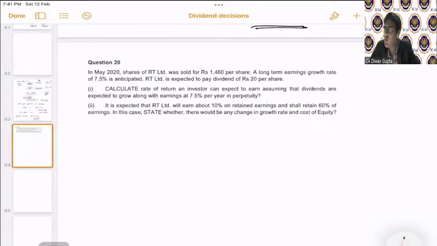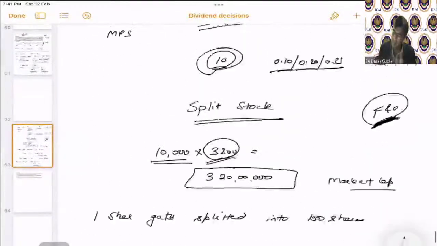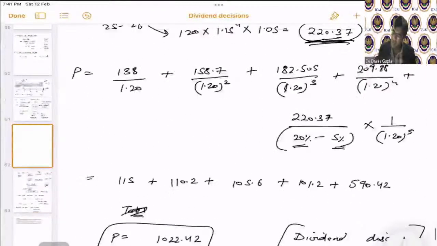Shivam is asking how to calculate it by calculator. Simple, Shivam. We can just take the numerator divided by 15% and then keep on dividing. Let's say there is a division here of 1.2 raised to the power 5, right? So we can divide 5 times by 1.2, the same sum. For example, 220.37 divided by 20% minus 5%.